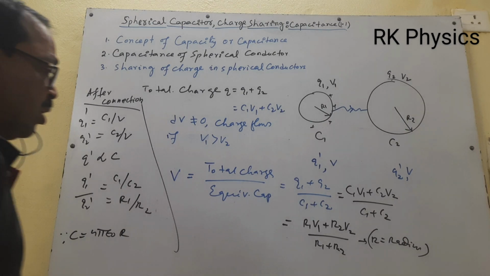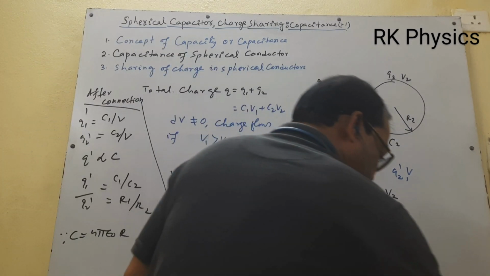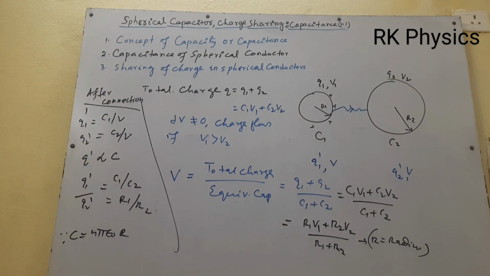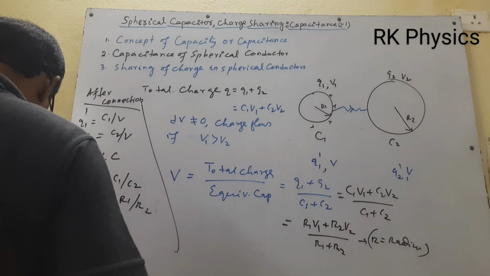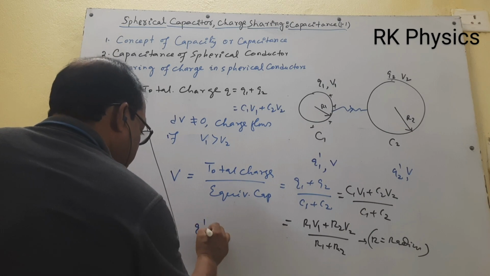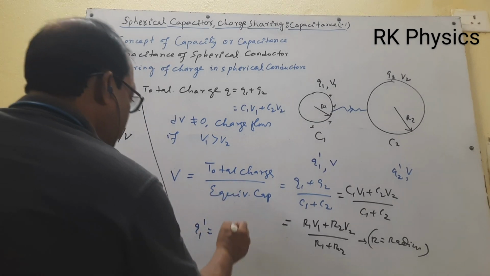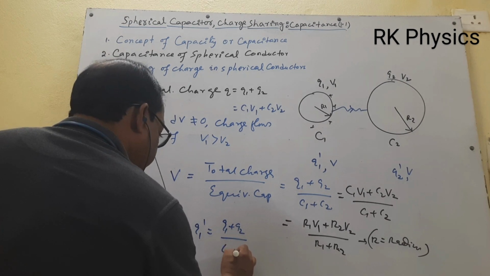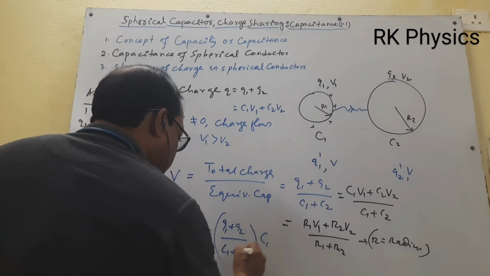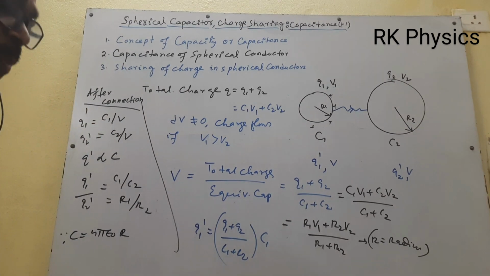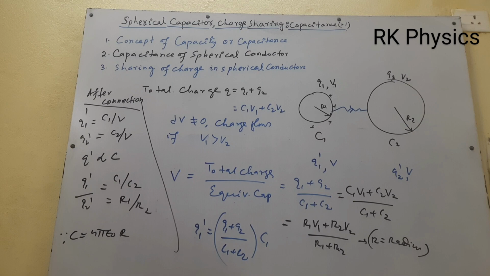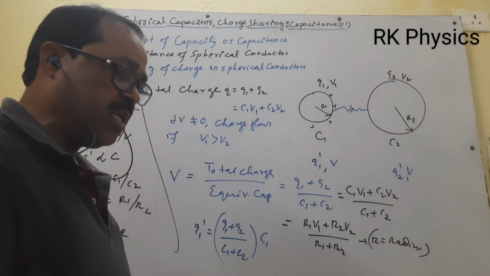Now, if you want to calculate specifically what Q1 prime is, you can calculate Q1 plus Q2 divided by C1 plus C2, into C1. Suppose in the problem the common potential is not given and it is not asked either.